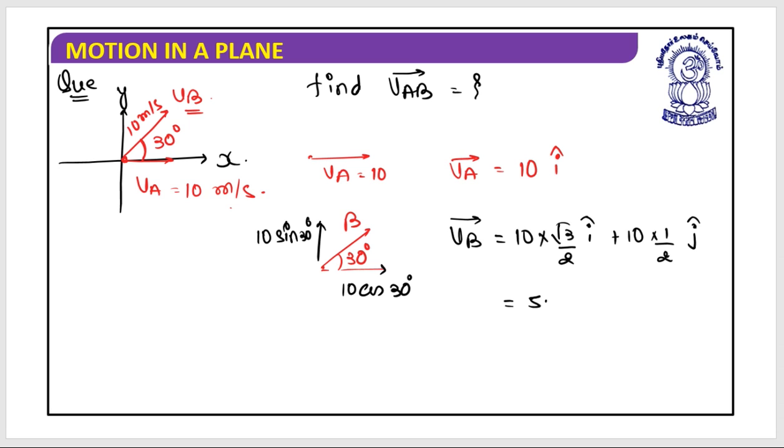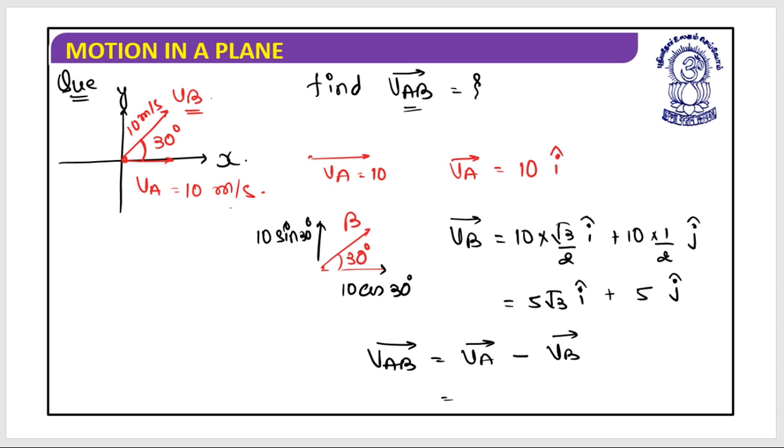So this is 5 root 3 i cap plus 5 j cap. I need to find out VAB. VAB will be equal to VA minus VB, and I will find the rest.